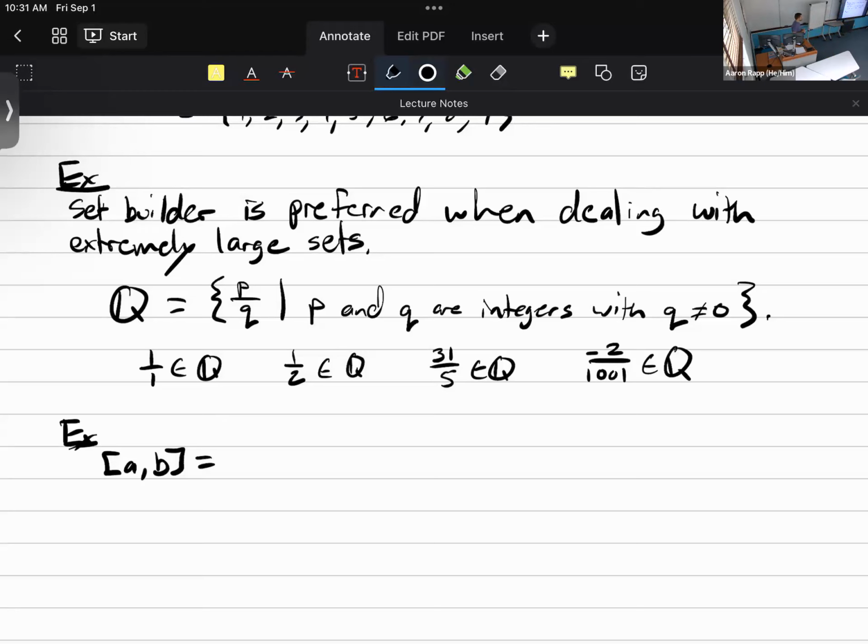Everything between A and B, including them. You were probably given this in set builder notation when you first saw it. Probably ignored it because you didn't like it, right? But it's the set of all x's such that x is greater than or equal to A and less than or equal to B.